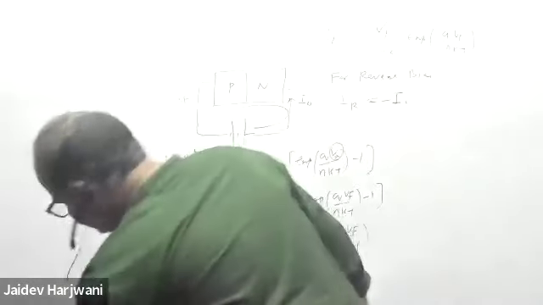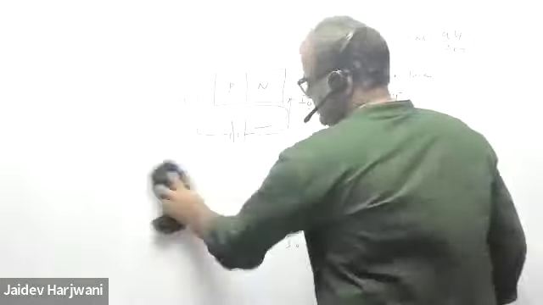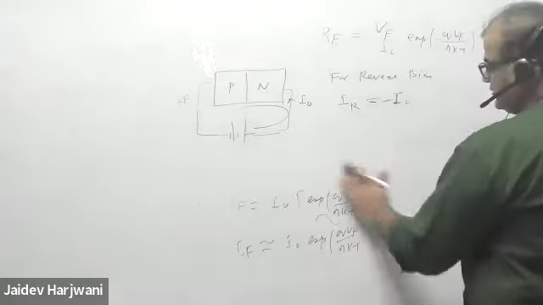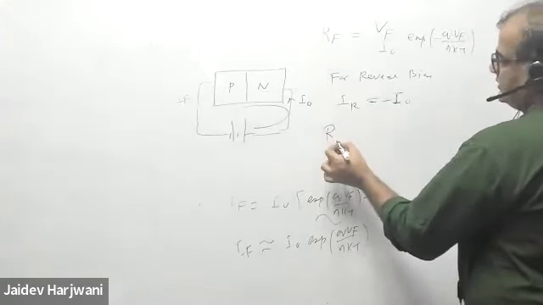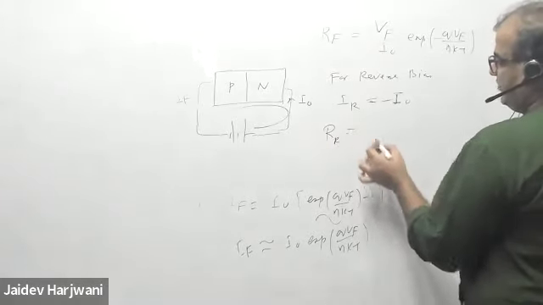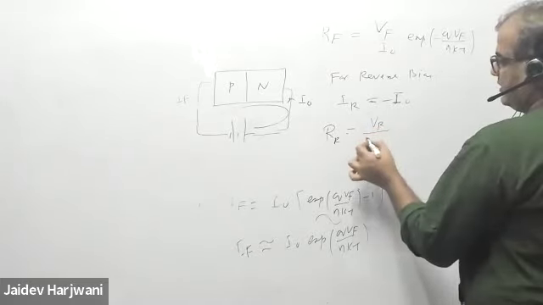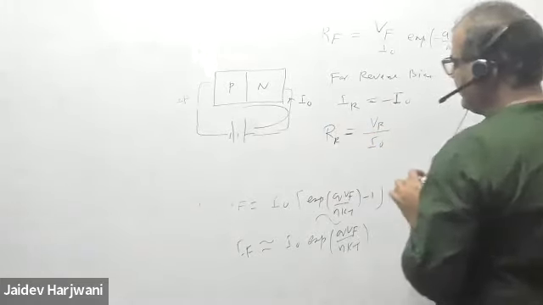Now you can find the reverse resistance. The reverse resistance RR will be VR upon I naught. I am taking the resistance value, so I am not putting the minus.